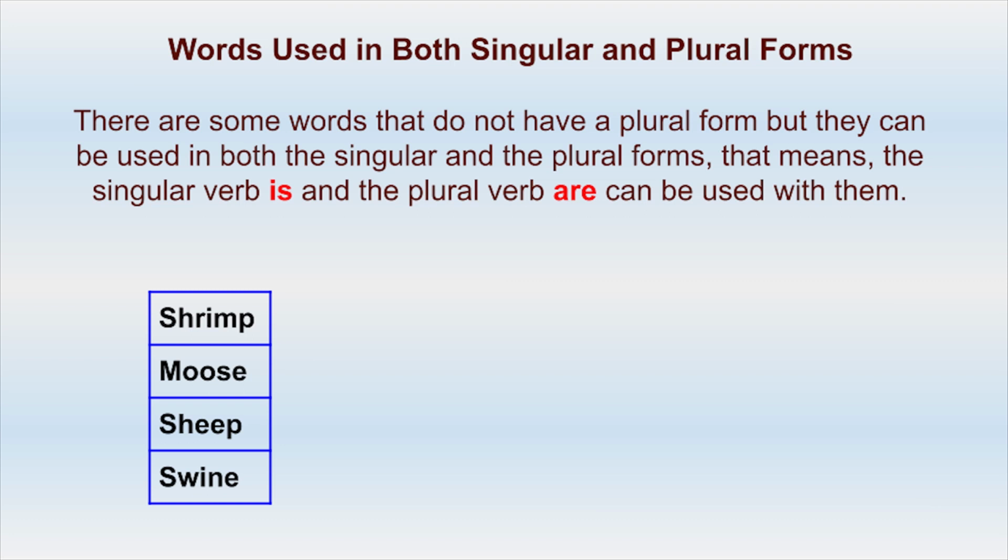So we may say one shrimp or many shrimp. The moose is or the moose are, which means there are several moose. One sheep is or several sheep are. One swine is or several swine are. So these words are not pluralized, but we can use the plural verb with them.